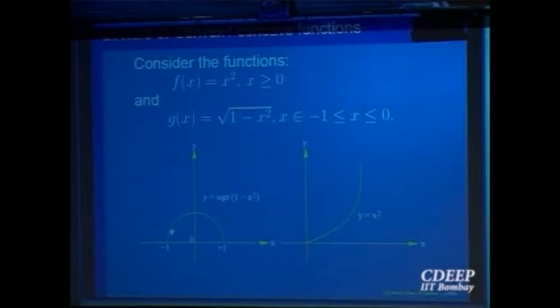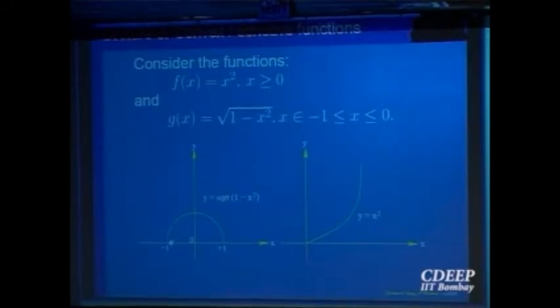Now if you look at both the graphs, this is a graph of a function which is increasing. This is also a graph of a function which is increasing. So both the functions are increasing, both are continuous, both are differentiable also. But you can see there is a difference between the graph of f and the graph of g. There is a qualitative difference.